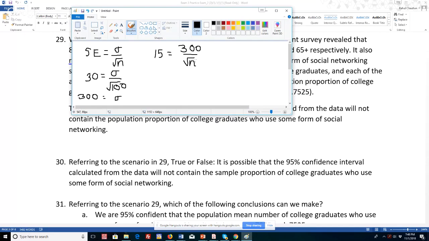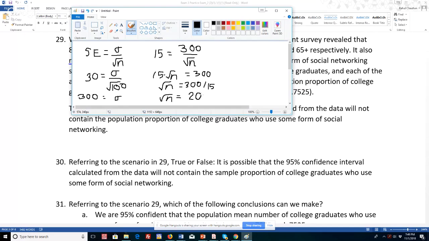So we're just going to use some algebra here to get n by itself. So 15 times the square root of n is equal to 300. So your square root of n is equal to 300 divided by 15. So the square root of n is equal to 20.